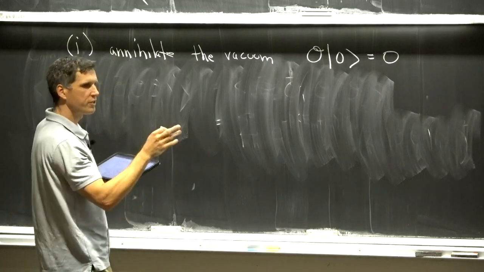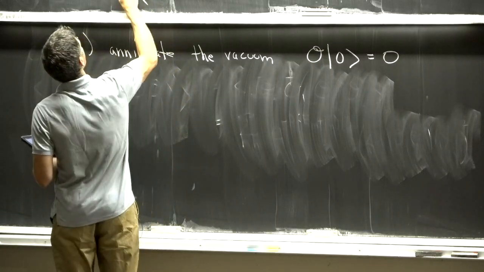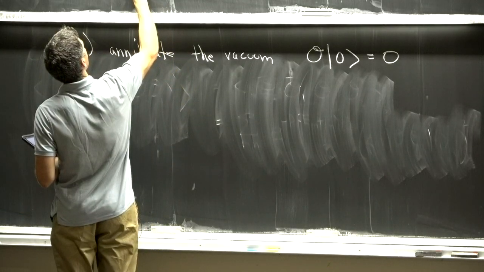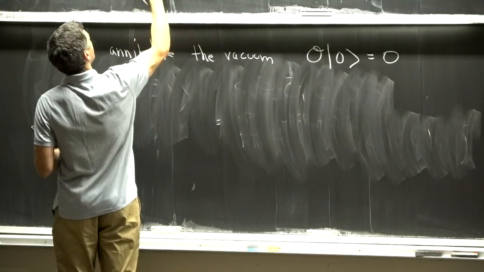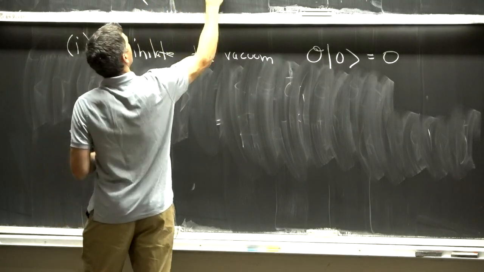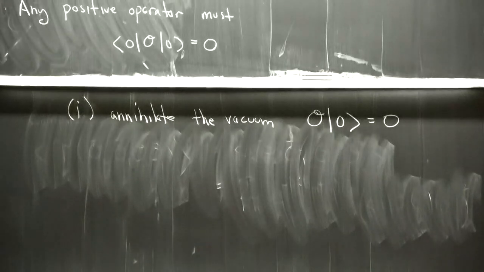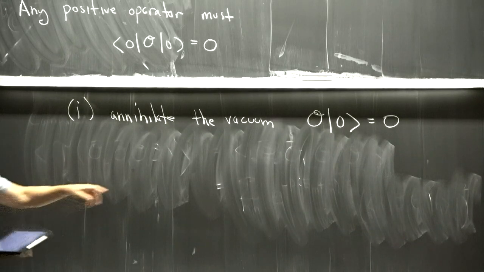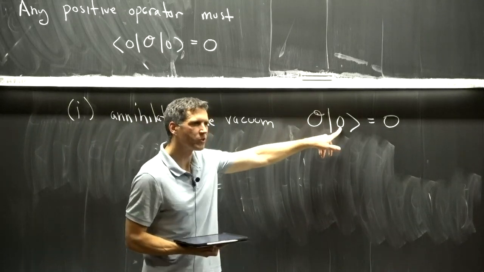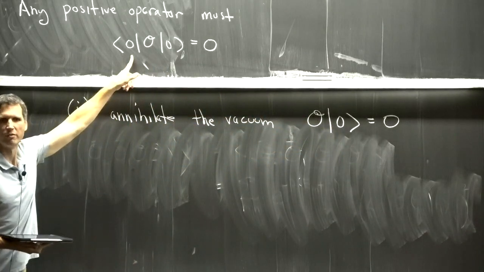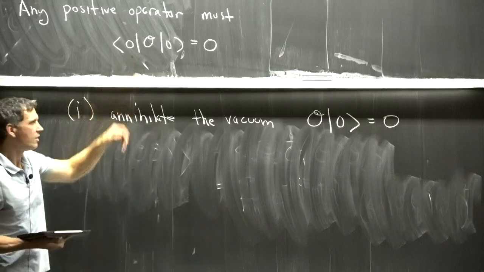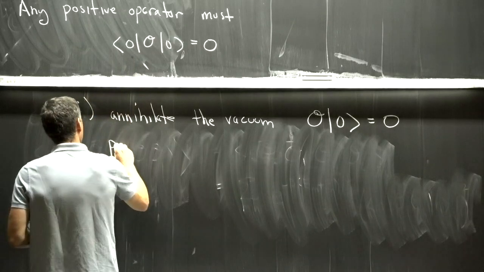Yeah, we can always shift it so that its vacuum expectation value is 0. If we define things so its vacuum expectation value is 0, then it has to annihilate the vacuum. Now, this statement that it annihilates the vacuum is a much stronger statement than its vacuum expectation value being 0. So this is very easy to prove.